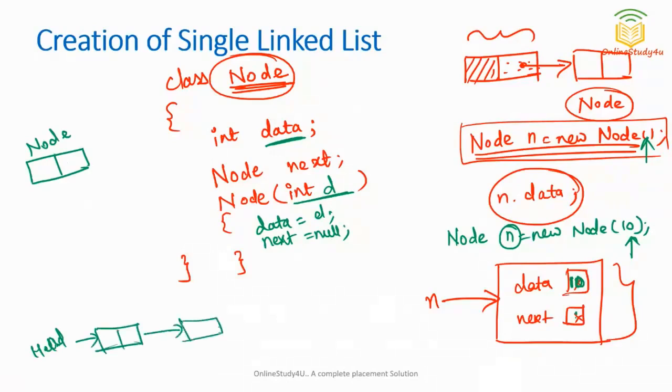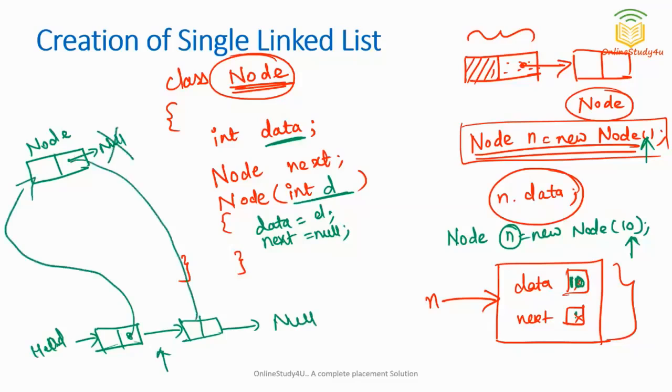We are not attaching it to the linked list, so at this point we are just keeping it as null. When we connect it to the linked list, suppose we have to insert it here, we will change this reference to point to this node. Then we will update this null later to point to this node. So for now we are keeping it as null.